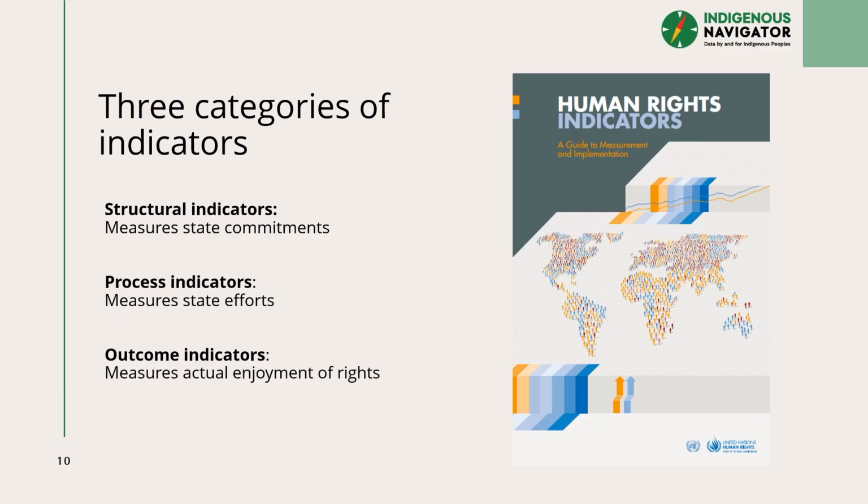Outcome indicators assess the actual enjoyment of rights, such as percentage of indigenous communities with secure land tenure. This structured approach enables indigenous peoples to systematically monitor how their rights are being respected, protected, and fulfilled.